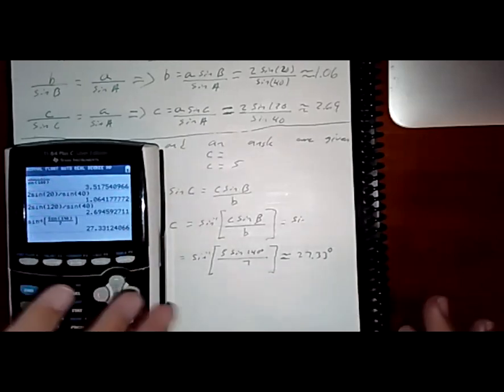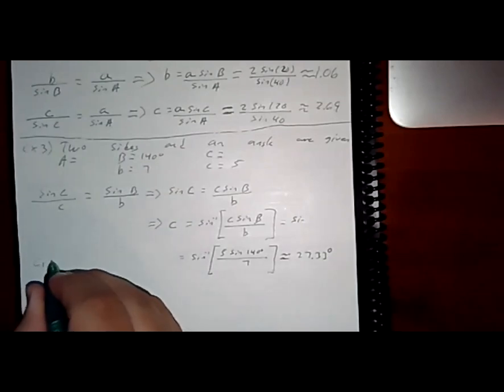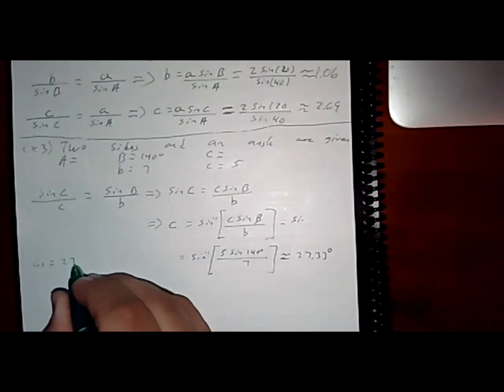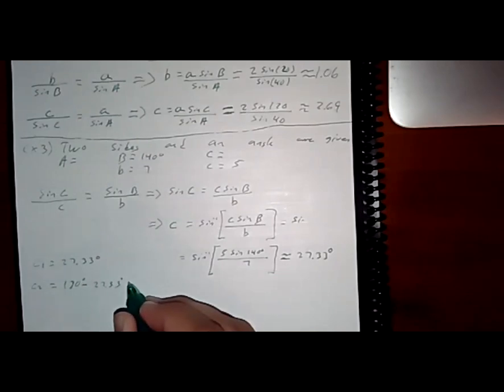Okay. So we're going to say that there's one angle, C1, equal to 27.33. Do you remember when we were solving for angles, we'd say to find the second angle, because of the coterminal side, we'd have 180 minus 27.33 degrees. That would give us our other angle, 152.